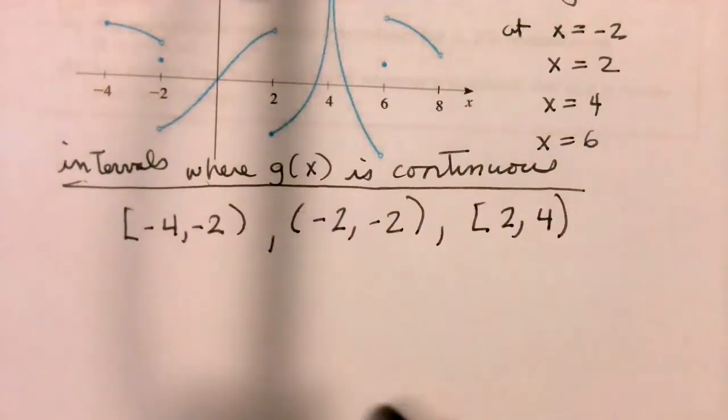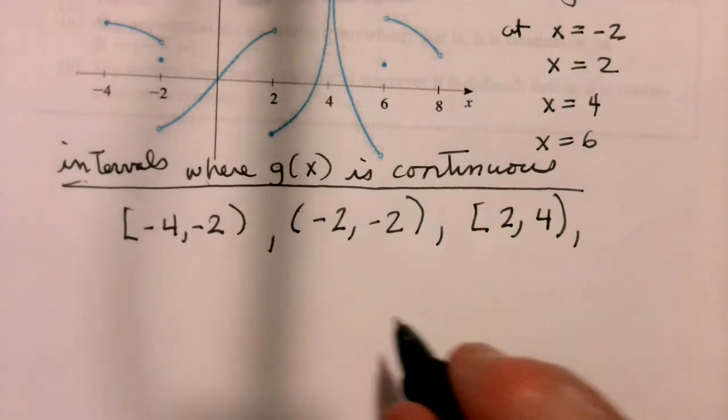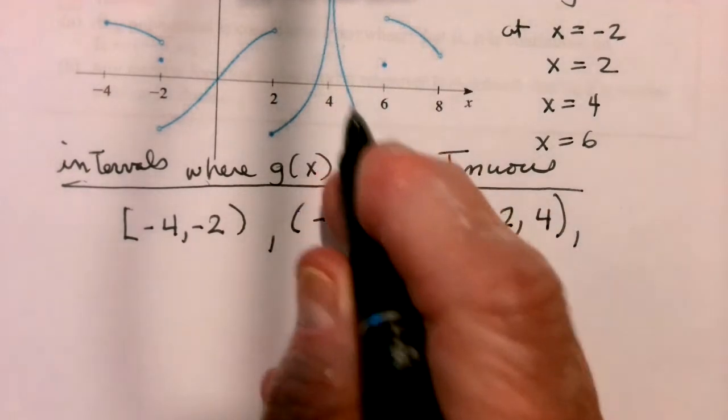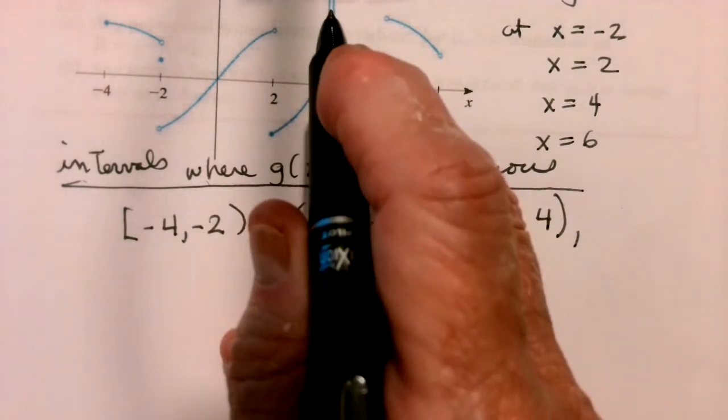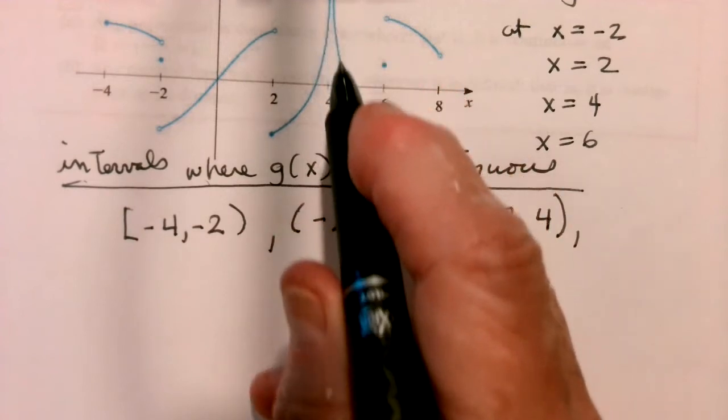And then the next one, from 4, coming on the other side of this vertical asymptote, it's continuous on this interval.